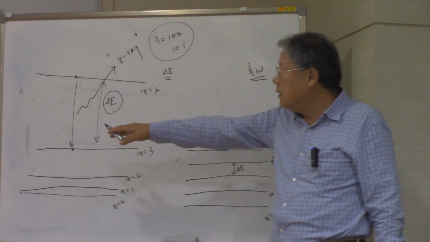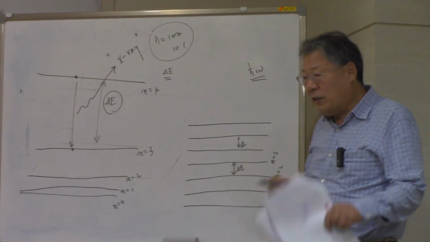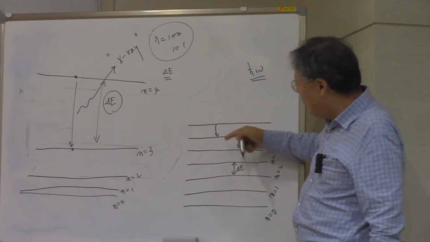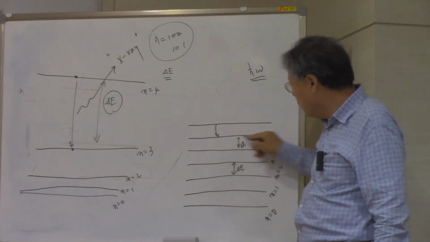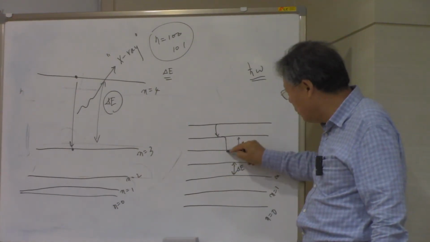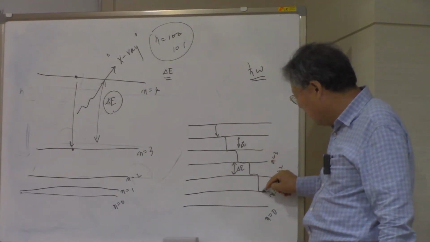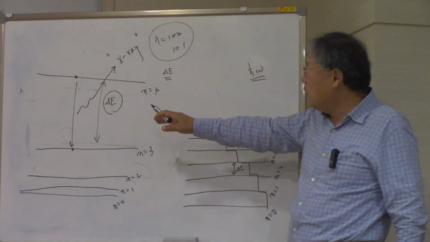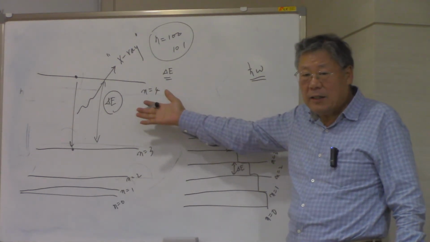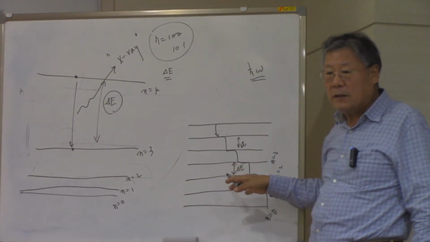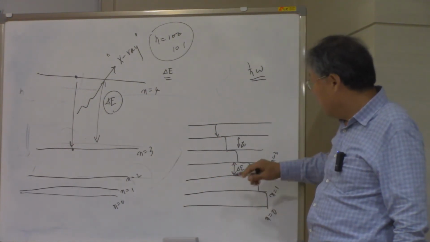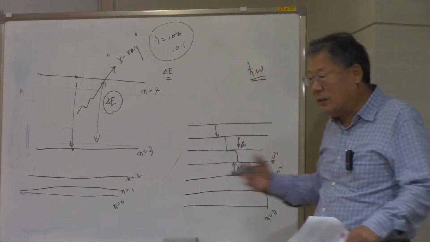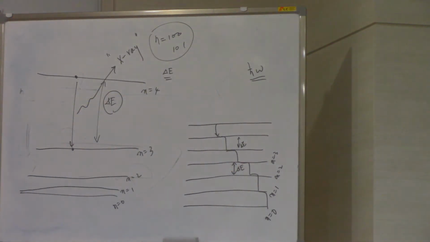So in the oscillator case, if you excite it to a very high energy state, it just drops down to the next one, and then the next one, and then the next one, like this. So a large emission like X-rays at one time cannot happen in this case, even if you excite the oscillators to high energy levels.